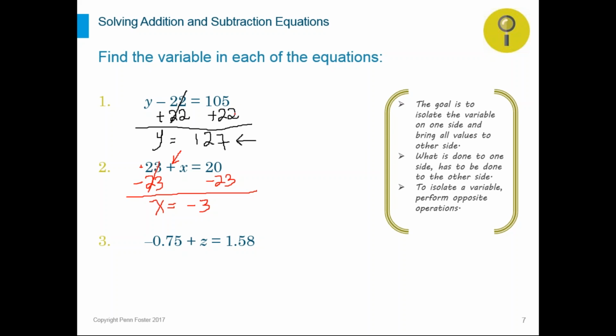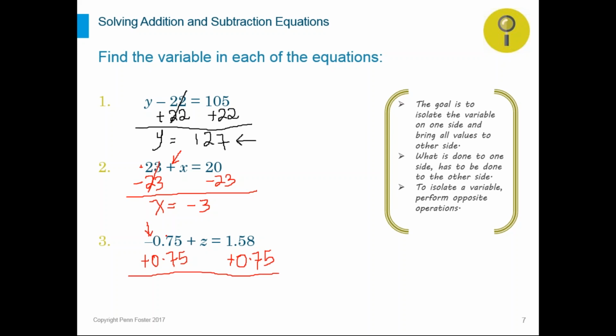Now, this variable has a subtraction, and I say subtraction because this number has a negative sign. So to undo that, I need to add the same value, plus 0.75. I need to do the same exact thing to the other side to keep it balanced, to keep it an equation, to keep it true.